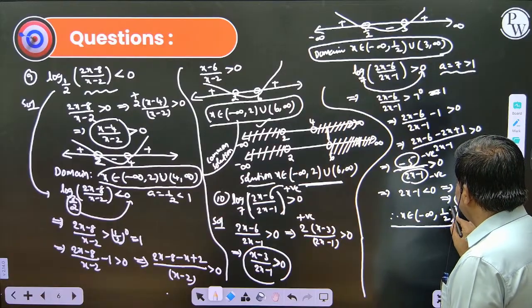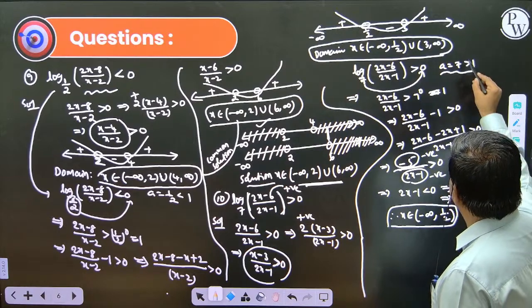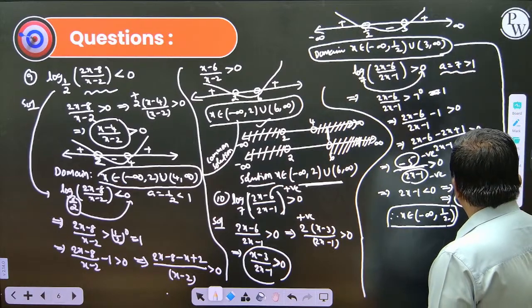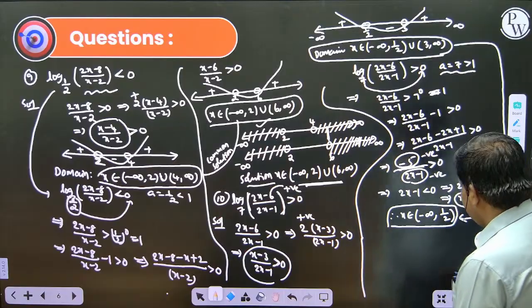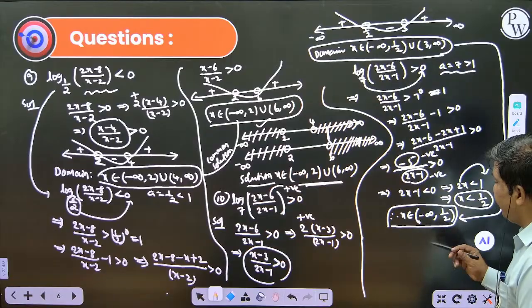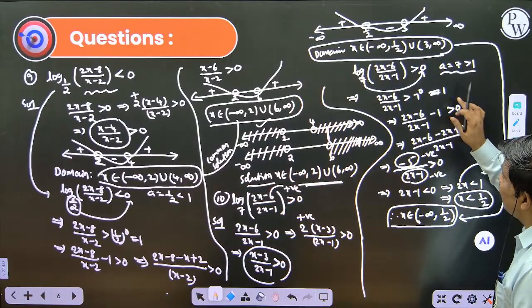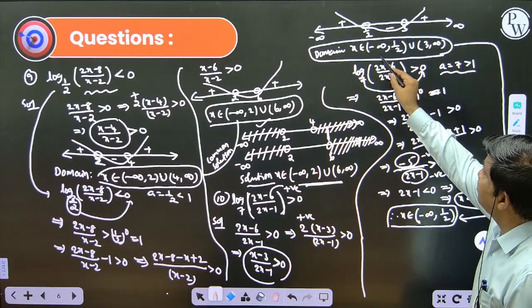Now, as I already told you, this is our solution and this is our domain. The solution should lie in the domain. So what is the solution we got? Minus infinity to 1 by 2. Check whether it lies in the domain or not. It lies in the domain, since this is your domain.